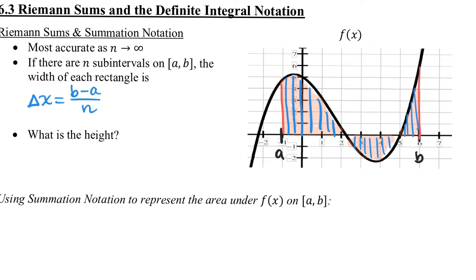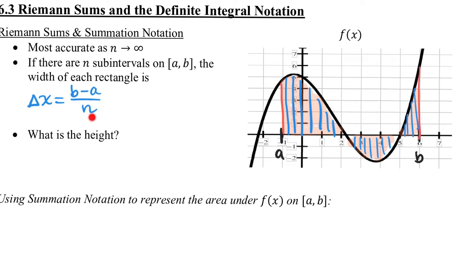Now the question is, what is the height of each of these rectangles? Well, the height lands on this curve. So I'm going to plug the x value of the rectangle into f of x, and I'll get the y value there. Now, if I'm doing approximation, it makes a difference whether I'm using the left, the right, or the middle. But I'm going to imagine n is approaching infinity.